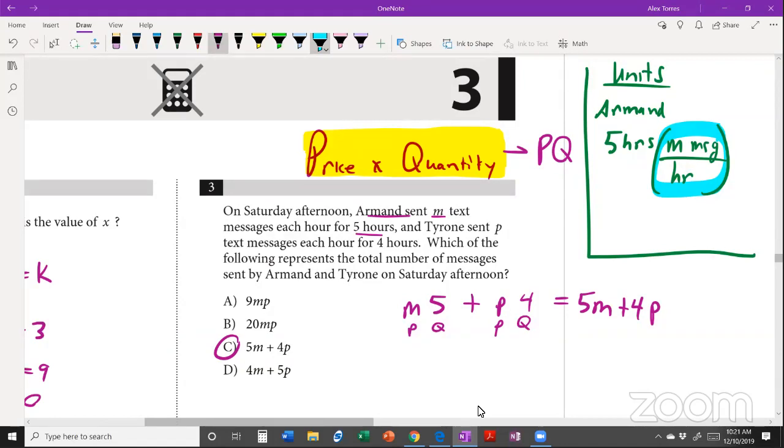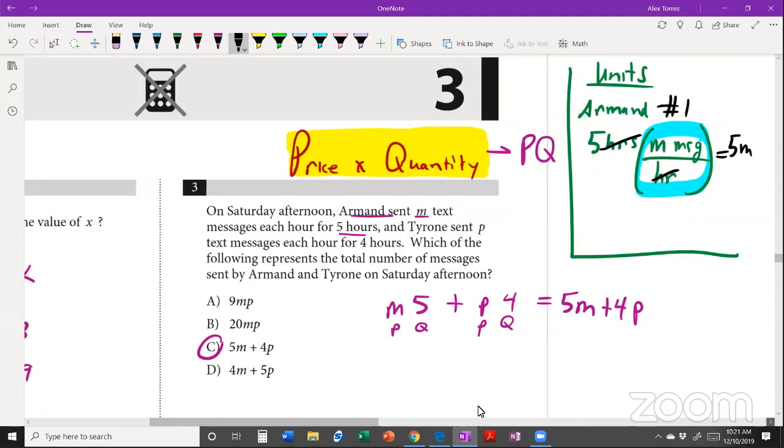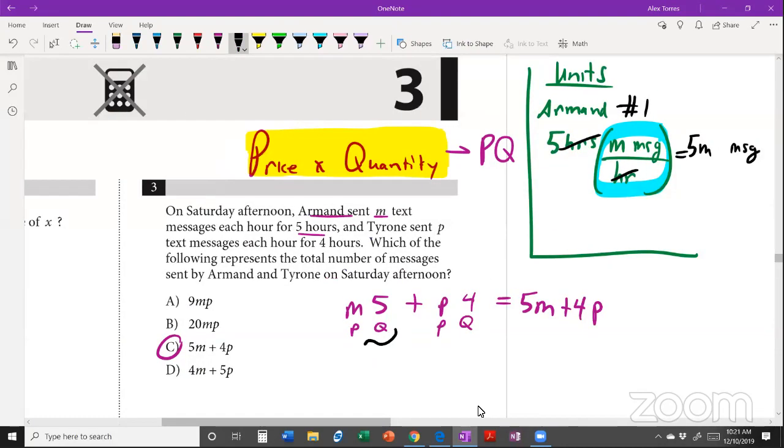If there's M messages per hour, then for every 1 hour I get M messages, and this is nothing more than a fraction, with the same thing on the top and the bottom. So with this way of thinking about it, the hours cancel, leaving you with 5M messages. And the unit remaining, like I said, is messages. And that's the same 5M that we got right here.